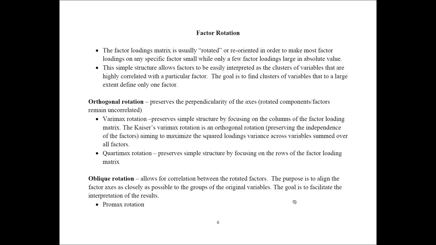So what we're doing with this factor rotation is trying to have as few as possible of the original variables loading on a factor or a component, but with the highest possible values. So we want the highest possible correlations on the fewest possible factors.